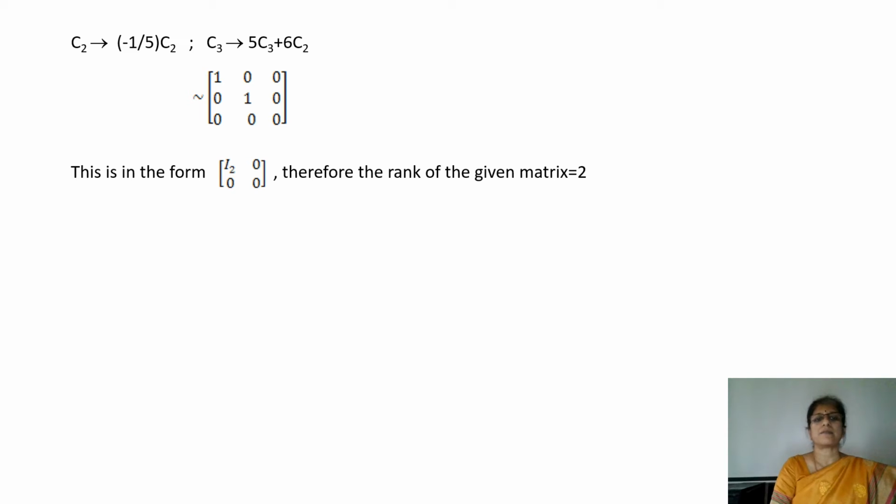This results in the matrix 1, 0, 0, 0, 1, 0, 0, 0, 0. This is in the form of [I2 0; 0 0], where I2 is an identity matrix of order 2 cross 2. Therefore, the rank of the given matrix is 2.